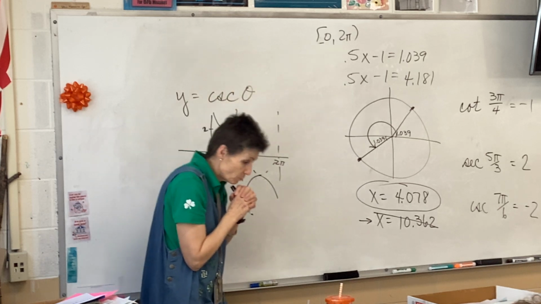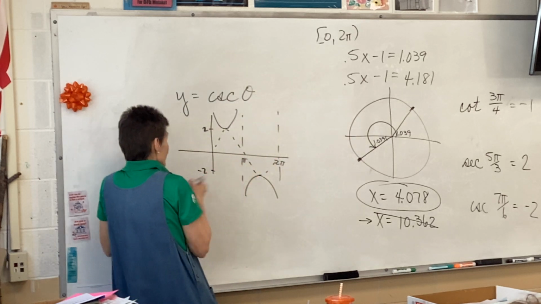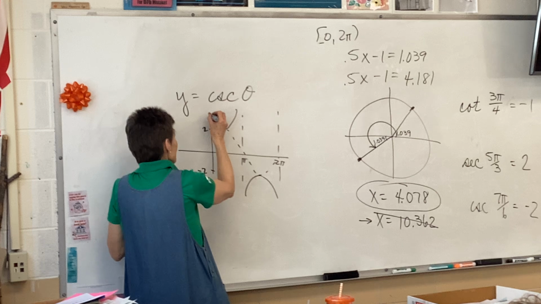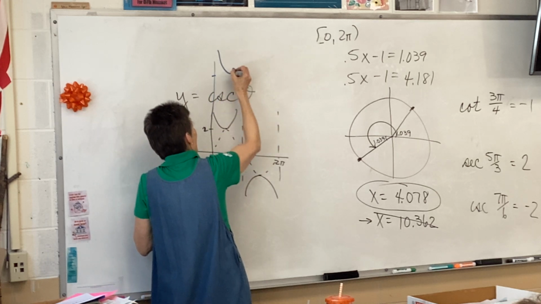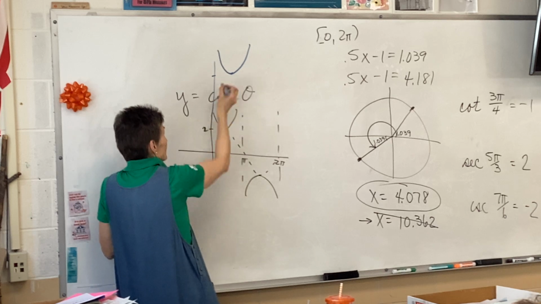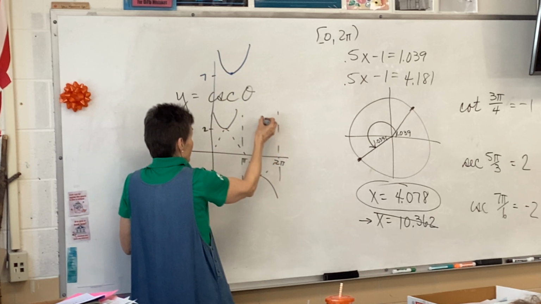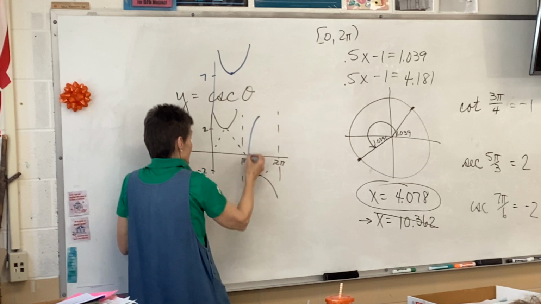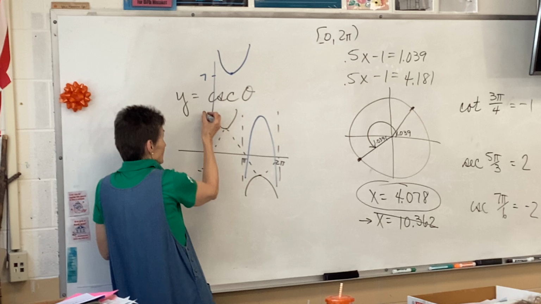Now, we've moved it up 5. So we picked up this parabola and moved it up 5. So where is it now? 7. And this one also came up 5. So where is it now? 3.